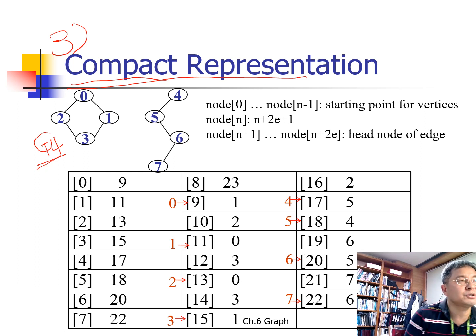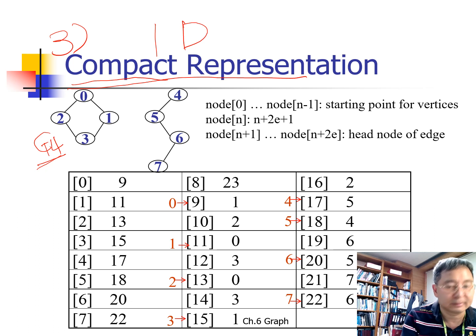An efficient representation is a compact representation. So this uses a one-dimensional array.